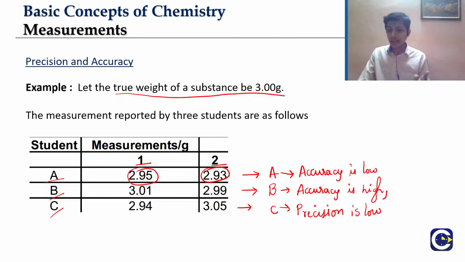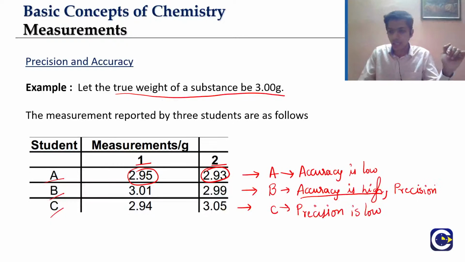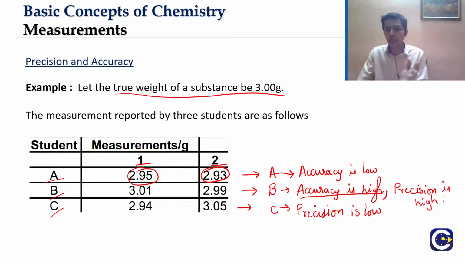Whereas I can tell, if accuracy is high, it's sure that precision is high. Yes, very good. Precision of A is high. For student B, I can tell precision is high. So if accuracy is high, definitely precision should also be high.